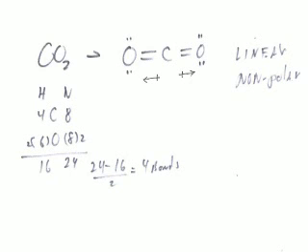For carbon dioxide, we get an even more extreme case. The carbon has two double bonds, one to each oxygen. And so while there are 4 pairs of electrons around the carbon, there are actually only 2 sets of electrons, because both pairs of double bonds have to be between the carbon and the oxygen.